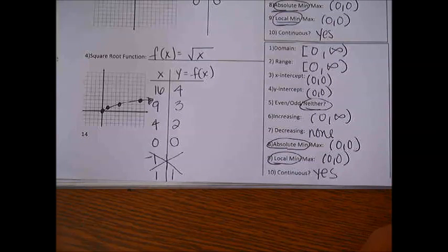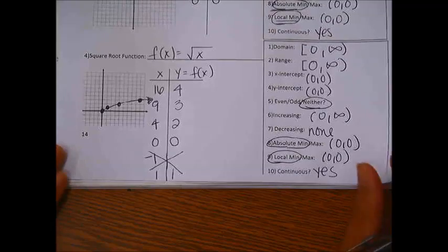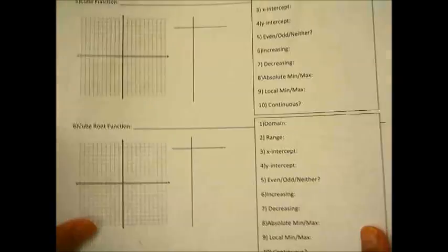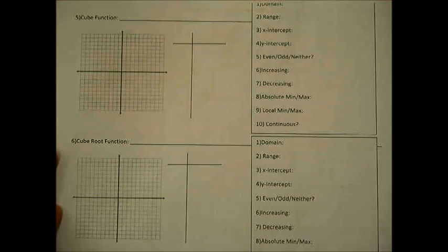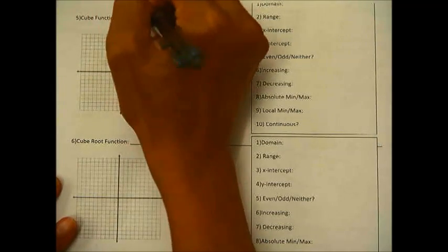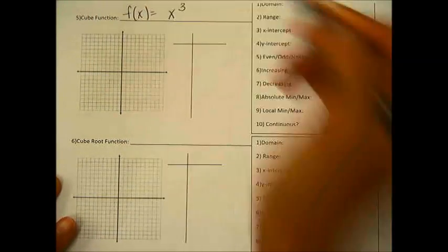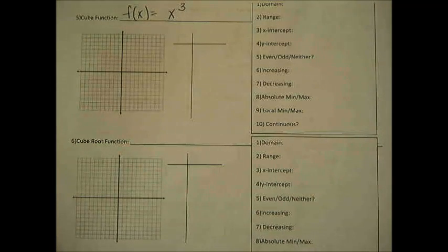All right, let's move on to number 5. Cube functions. So f of x equals x to the third. That's what a cubic function is, or a cube function.